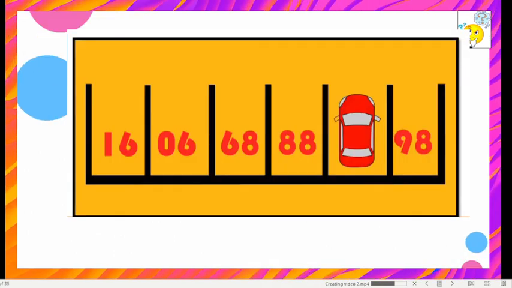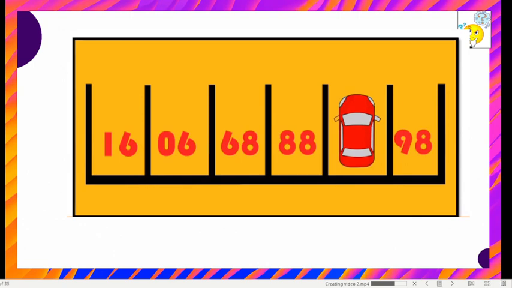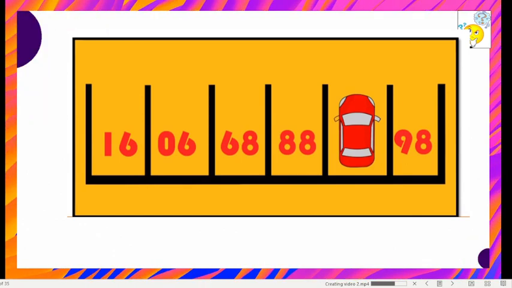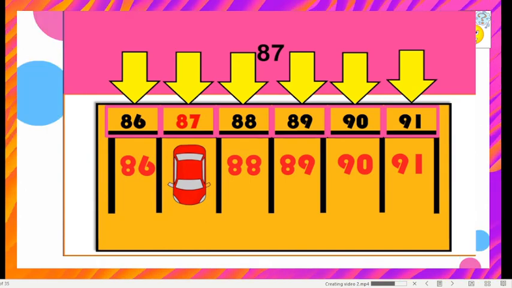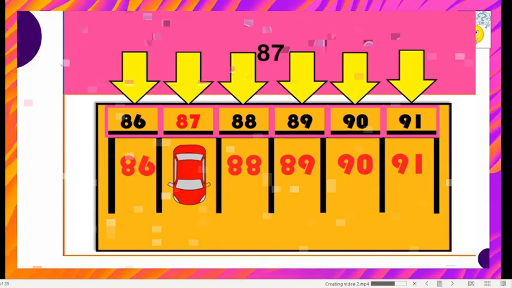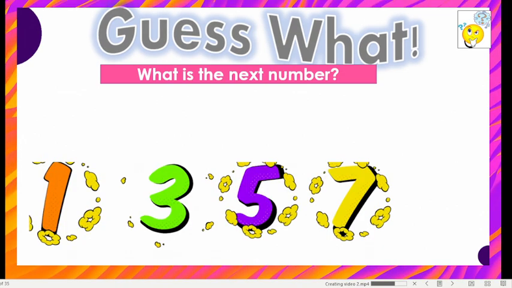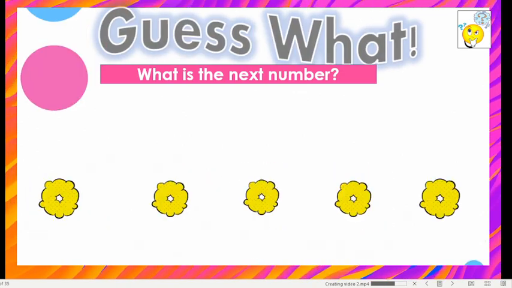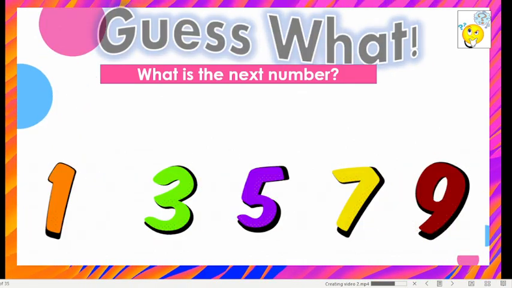If you invert the image, you will find out that the missing number in the parking spot is 87. What about the next term? Correct. The next number is 9.